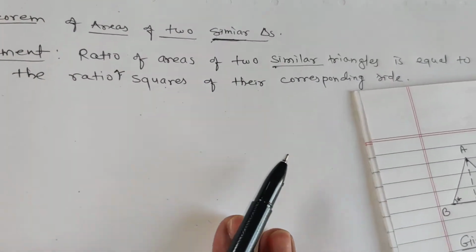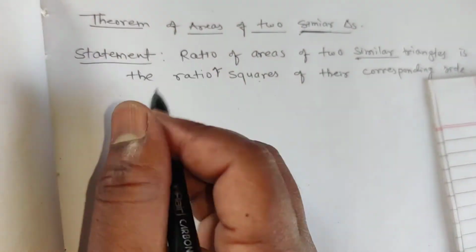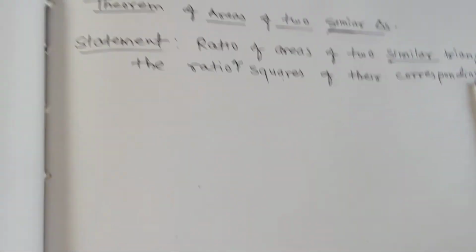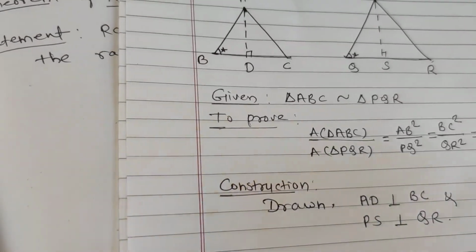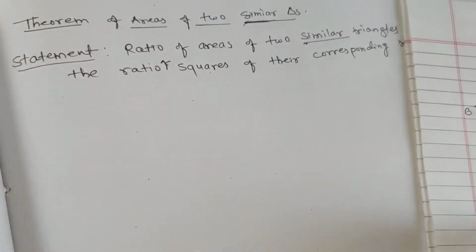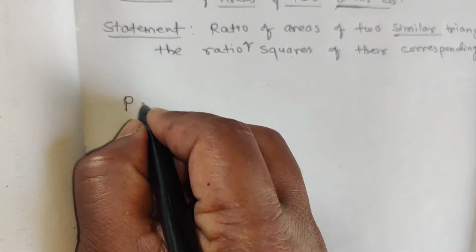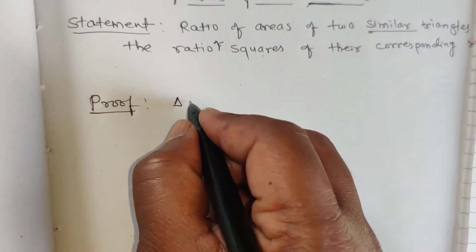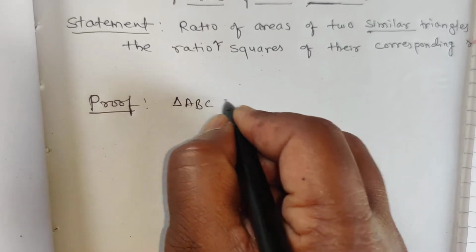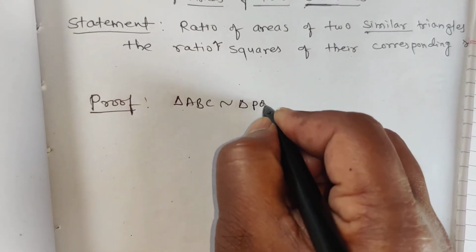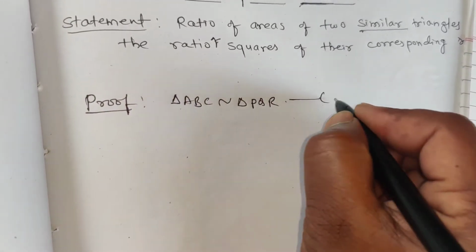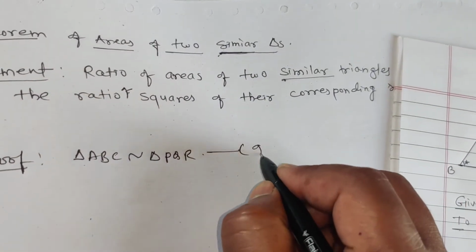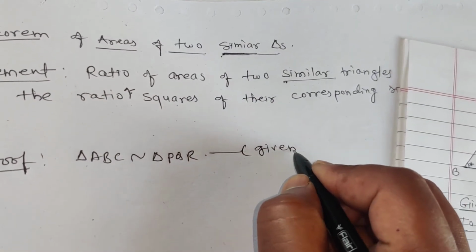Now I will prove this theorem. Some things are given here, so pay attention at proof. We know that triangle ABC is similar to triangle PQR. This is given, so I will simply write the reason as given.